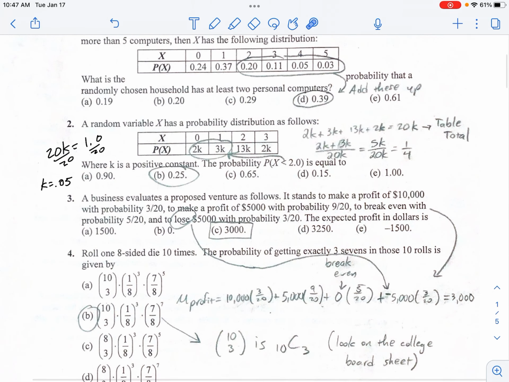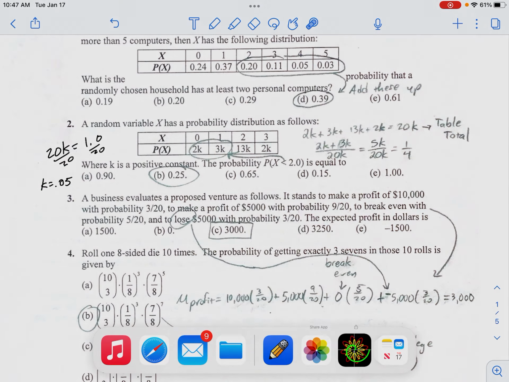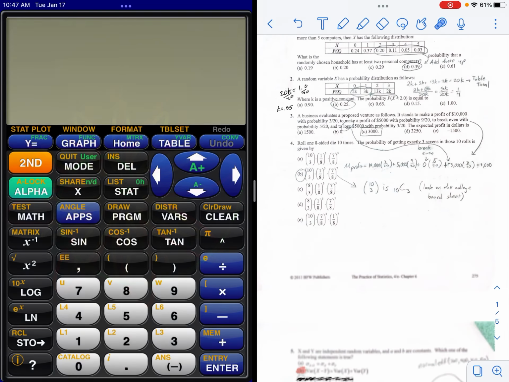I guess then you know when you're doing this question, probability that X is less than 2. Well, again, that does not count 2. Less than 2 does not include 2. So it's just 1 or 0. So that's 2K and 3K is 5Ks. Well, and now you know that K is 0.05. Let me show you some of the work here.